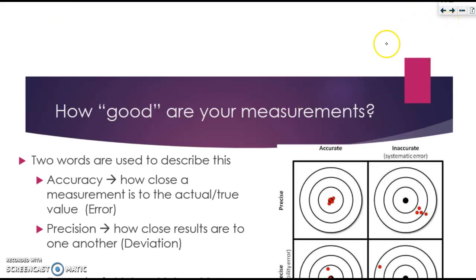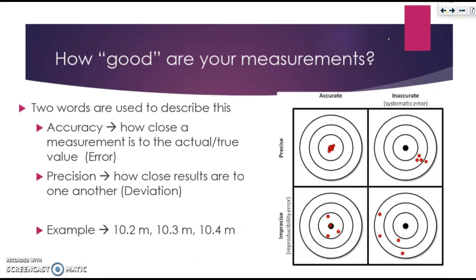Let's talk about some really important terms for measurement. So how good are your measurements? There are two main words that we use to describe this: accuracy and precision. Accuracy is how close a measurement is to the actual or true value. If you're someone that tends to get A's on tests or you earn a 100%, you're accurate.